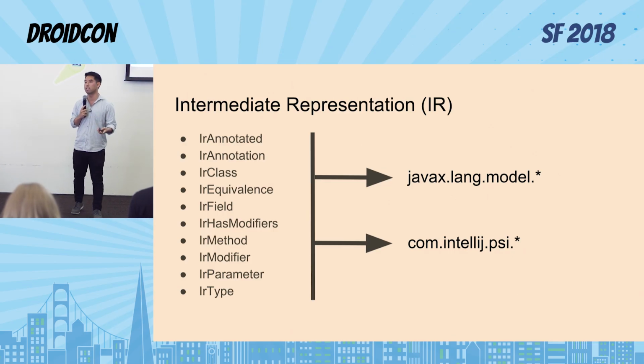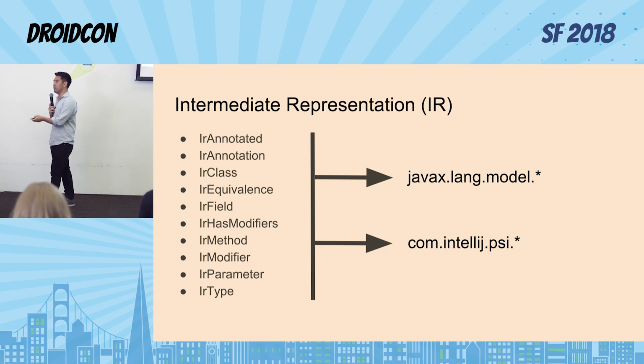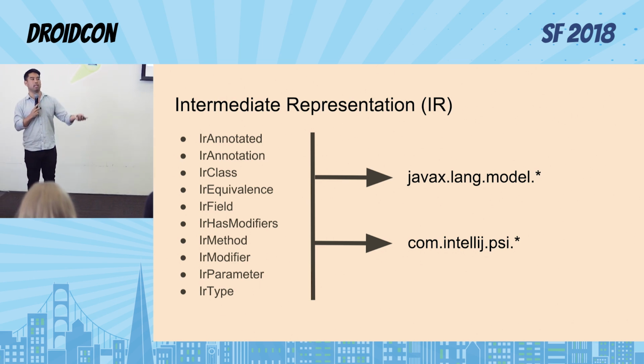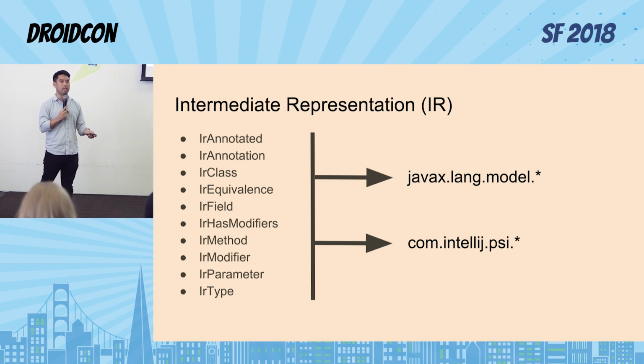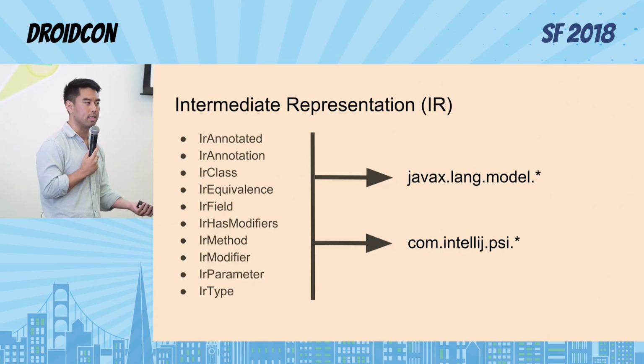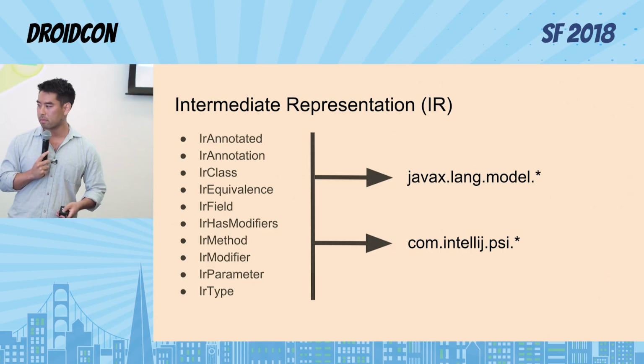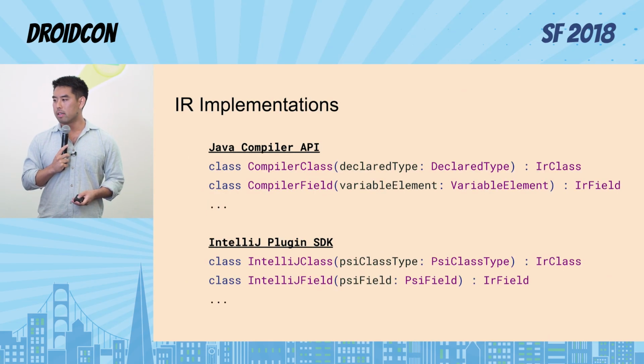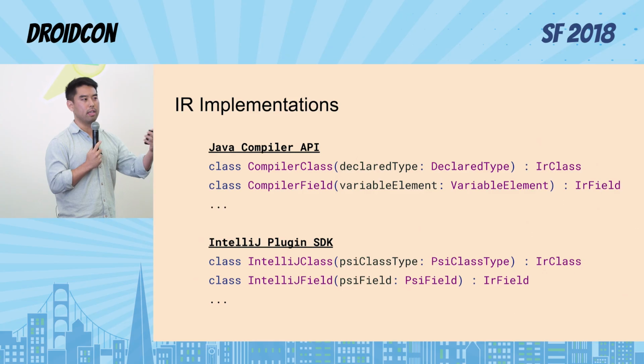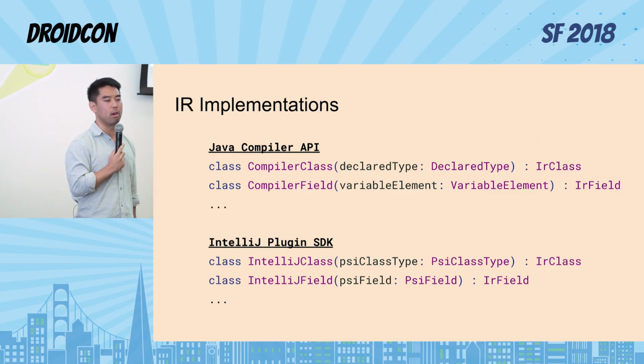So the annotation processing representation of the Java AST, and the com.intellij.psi models, and this is IntelliJ's version of the Java AST, and this is the way IntelliJ represents Java source code, right? And diving a little bit more into that, here are the actual definitions of the compiler and the IntelliJ versions of these models.